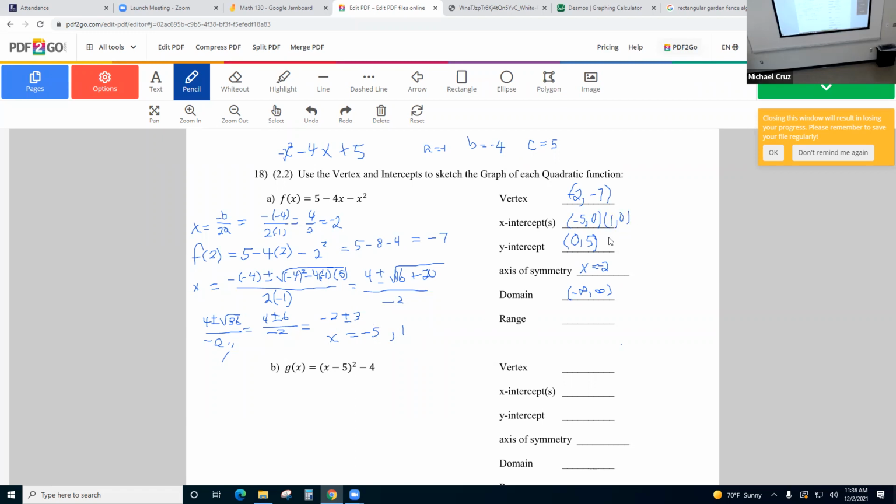Okay, in the range, the lowest point is the vertex. So -2 is the lowest it's going to come.